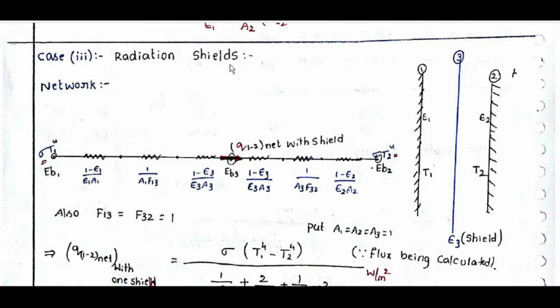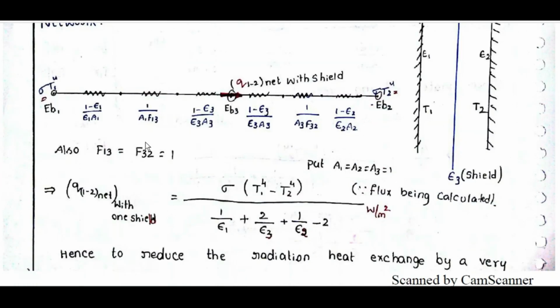Radiation shields. In the network, this shield of epsilon 3 will be there, between epsilon 1 and epsilon 2. This surface will have one resistance, this surface will have one resistance, and between these two there is one gap, between these two one gap. So F13 is equal to F32 is equal to 1.